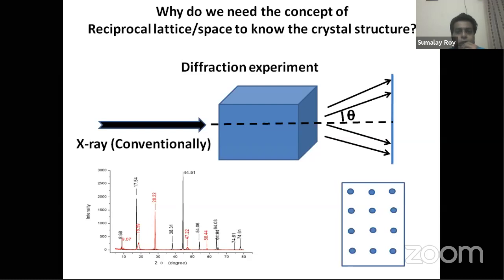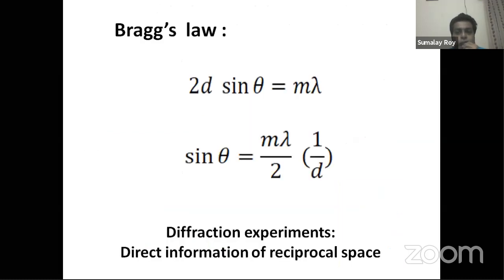Perhaps you were late, but the point is very simple: for all diffraction experiments, if you see Bragg's law, you determine theta, that is, sine theta. And sine theta is proportional to 1 by d if your wavelength is constant. So 1 by d is a length-inverse property, that is inverse space. 1 by d is reciprocal space information.